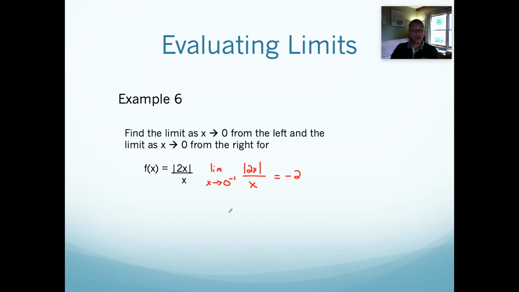okay? And if you think about it, it should hopefully make sense, all right? Because if you plug in, for example, -2 here, you get 2 times -2, which is -4, but its absolute value, so it's +4, over -2 is -2, okay? If you plug in -1, 2 times -1 is -2, absolute value of that is 2, over -1 is -2.